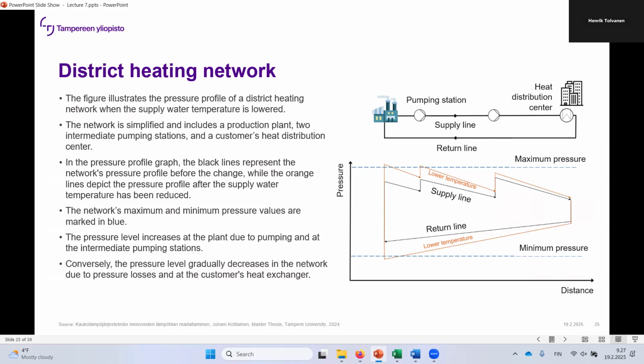If you had an idealized system, with an infinite amount of insulation, that doesn't affect the friction. The friction still remains. So you could say that the temperature from this plant to this distribution center would remain constant, and then it would drop to a certain level and then again remain constant.